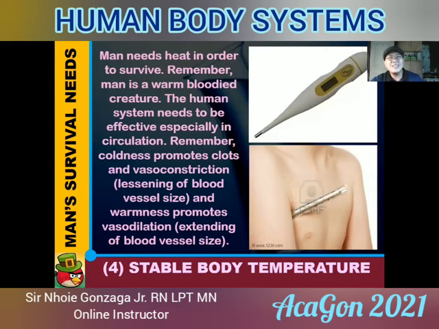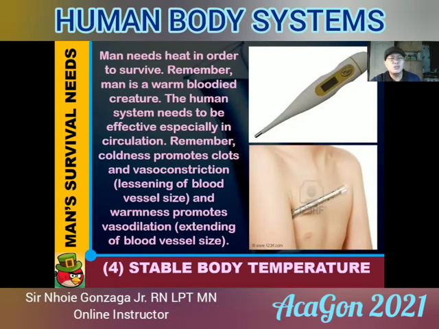So, man needs heat in order to survive. Remember, man is a warm-blooded creature. The human system needs to be effective, especially in circulation. Remember, coldness promotes clots and vasoconstriction, meaning lessening of the blood vessel size, promoting no circulation.